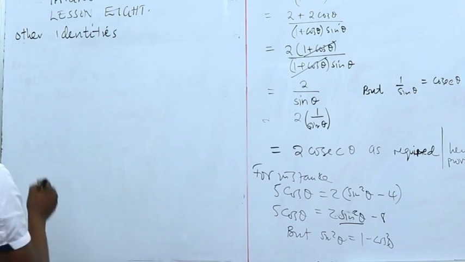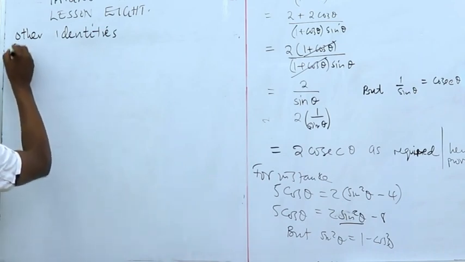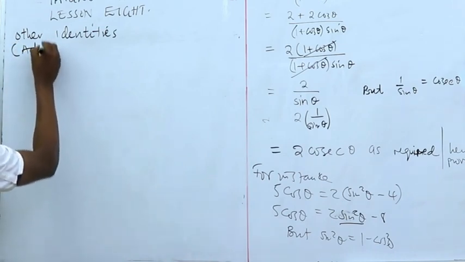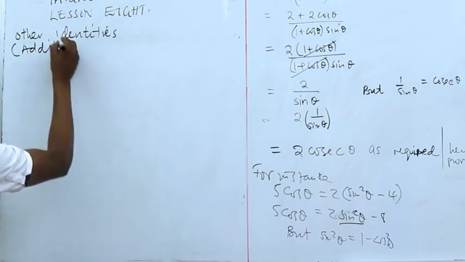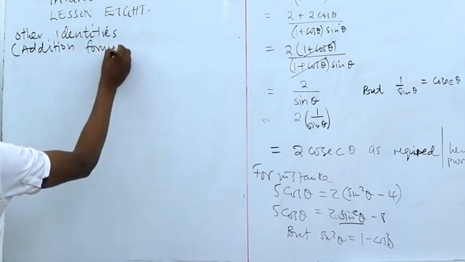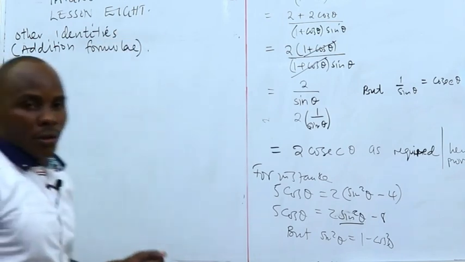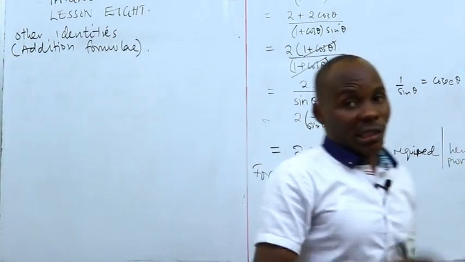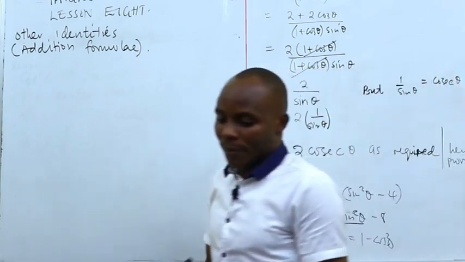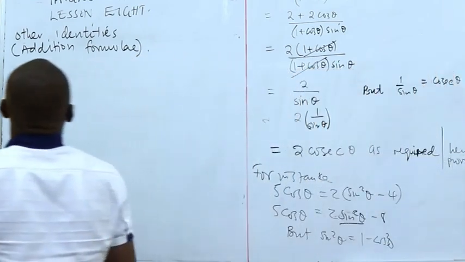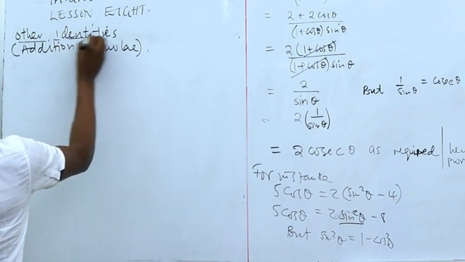Those other identities, we can call them the addition formulae. Someone may say addition formulas because it is not one, there are many. We have what we call the addition formulae.